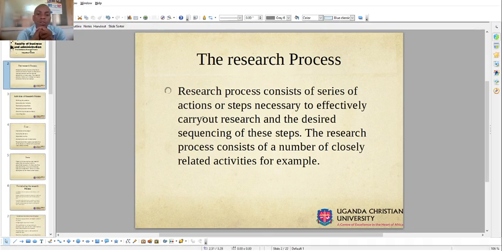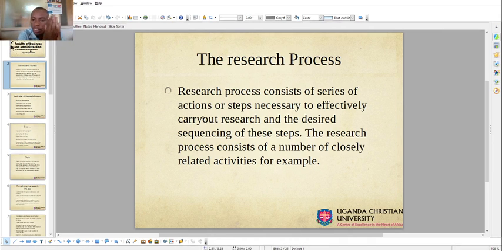Okay, so having introduced research, now let's look at the research process. We are saying this consists of a series of actions or steps. For this, I will be a bit slow. It consists of a series of actions or steps necessary to effectively carry out research, and the desired sequencing of these steps. So it consists of a number of closely related activities, and we are going to look through these.